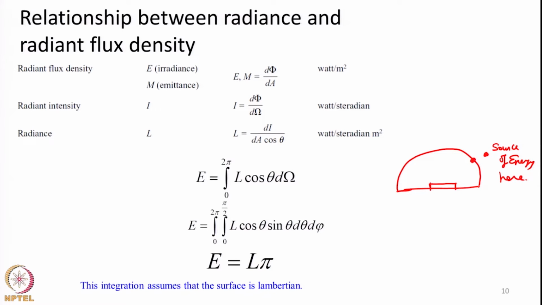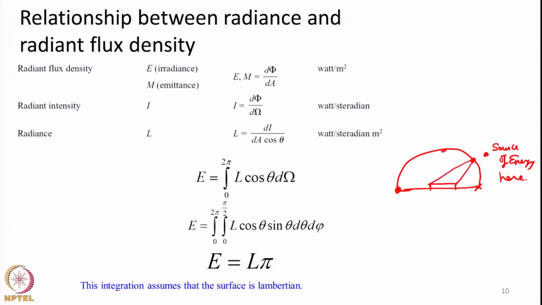Let us imagine the source is going to emit some energy starting from this particular point, and it is going to move all along this hemisphere line and come here and stop. So, what essentially it means, this source of energy is going to see this particular surface area continuously as it moves. So, essentially what is the energy it is emitting in this particular direction we are interested in.